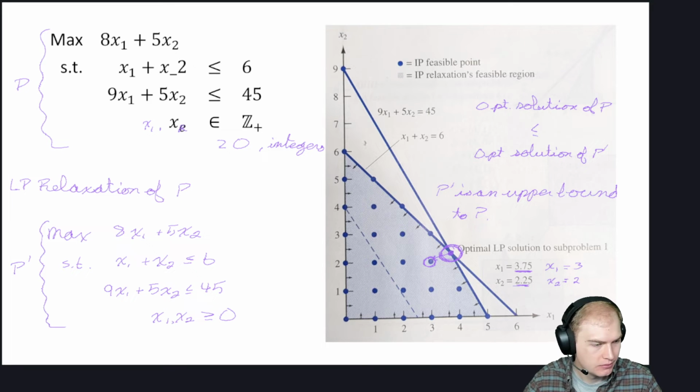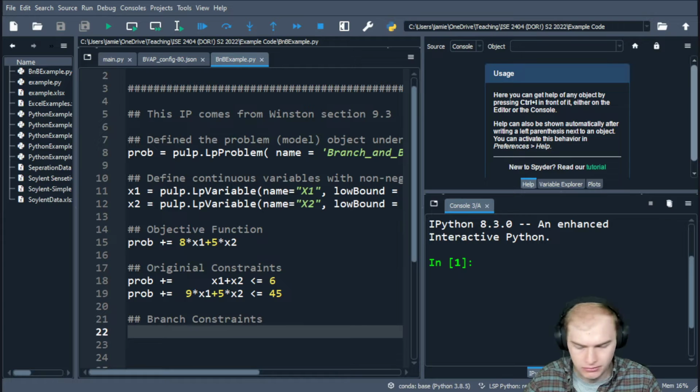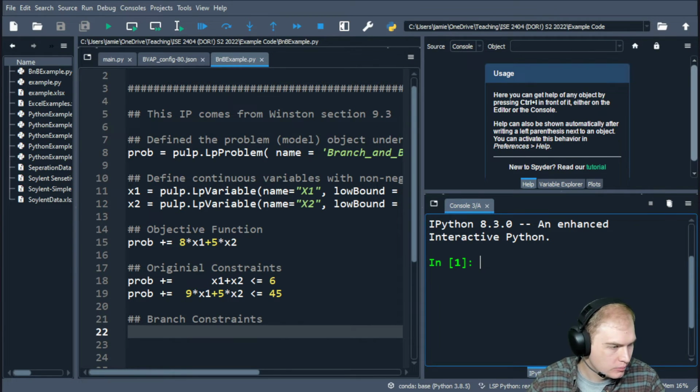I have written up that problem in Python, and I figured out how to zoom in on the console. So we have that now. Might be able to see it. I just wrote up that problem in Python.